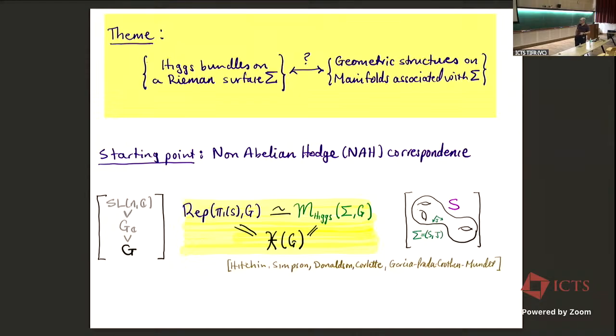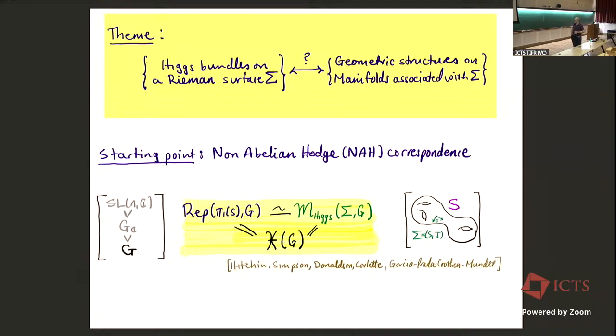And for us, G is going to be a real Lie group, but we're not going to be talking about real Lie groups in full generality. We're going to be talking about real forms of a simple complex group, and we're going to restrict to subgroups of SL(N,C) for the purpose of this talk.